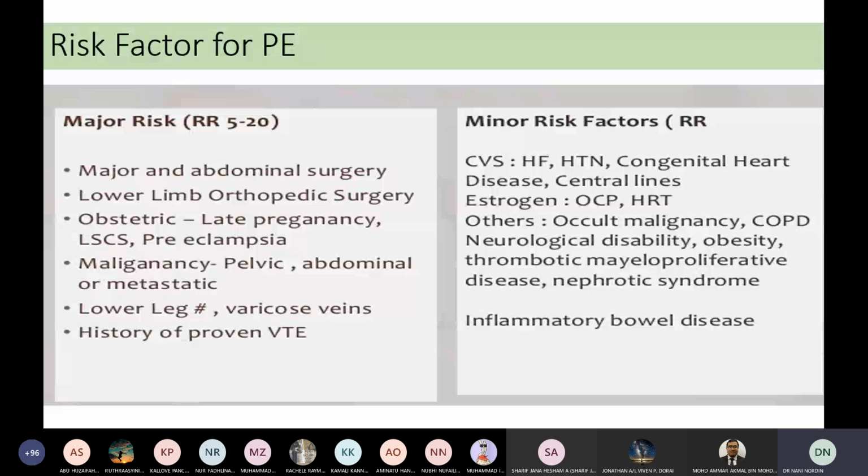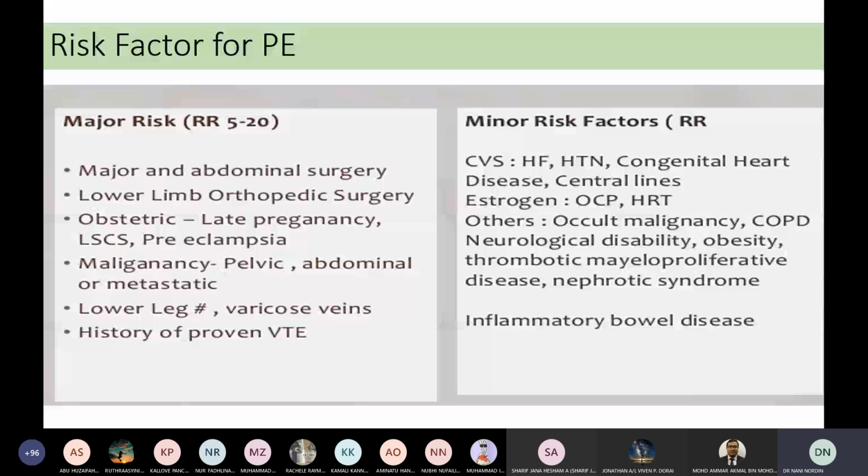Malignancy: a patient with malignancy tends to get thrombosis, a hypercoagulable state, more so if they undergo surgery or a procedure. Pelvic or abdominal malignancy, these are all hypercoagulable states.